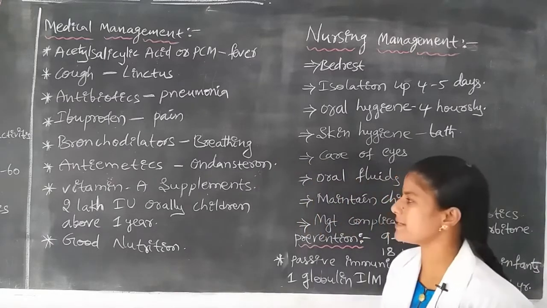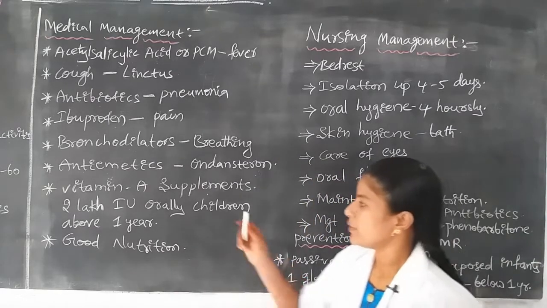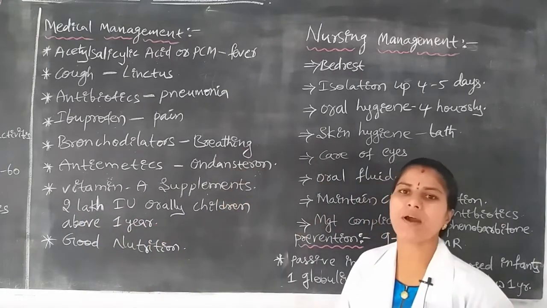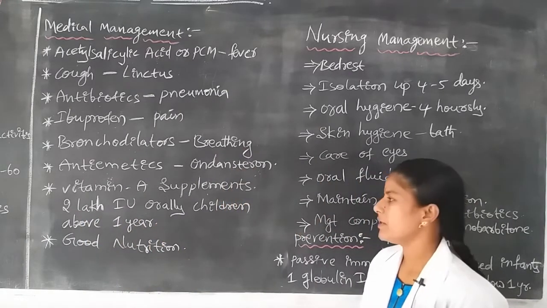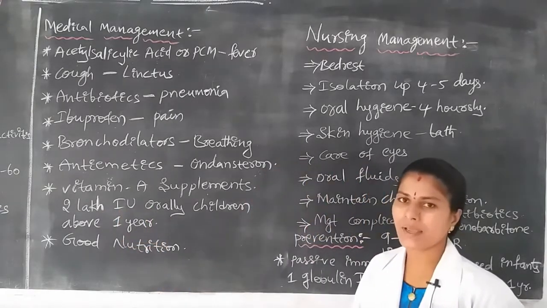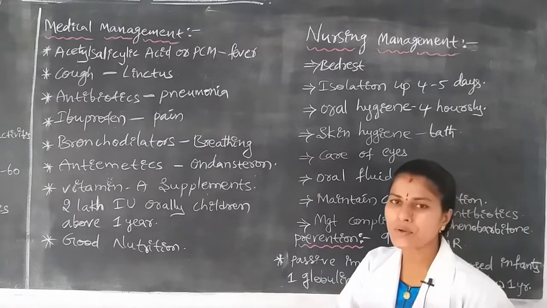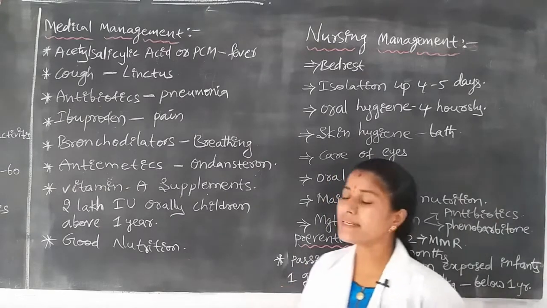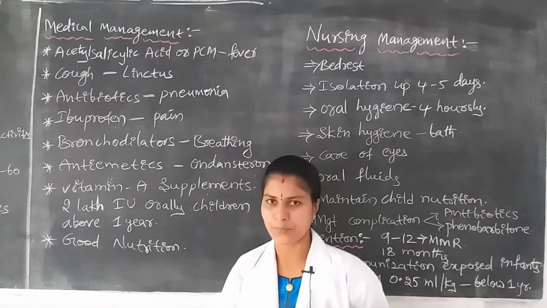Here, 2 lakh international units is the dosage of vitamin A supplementation. The route is oral, in children above 1 year of age.